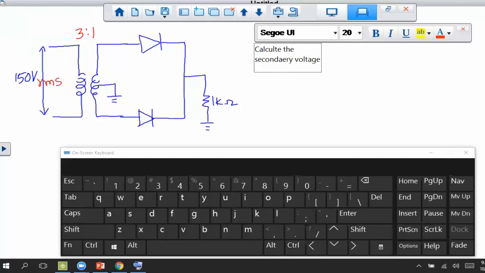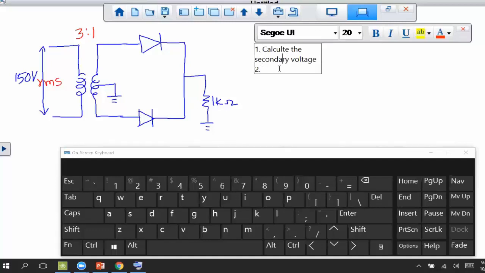Did you say peak to peak? Would that not be 212 peak to peak? Again, we're not looking for peak to peak. We're only looking for peak.